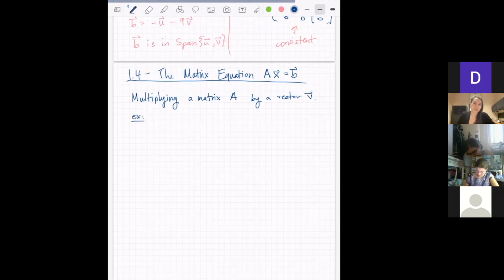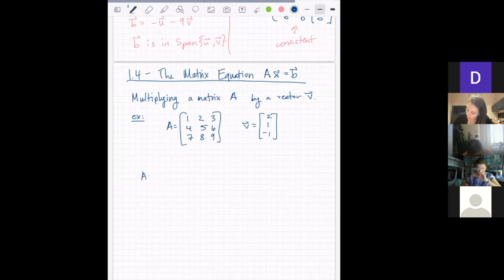So let's just do this by looking at an example, right? So if I have my matrix, let's say it's just 1, 2, 3, 4, 5, 6, 7, 8, 9, right? And I'll take a vector V, which will be 2, 1, minus 1. Okay, now I can multiply these two things together and we'll show what that will be.